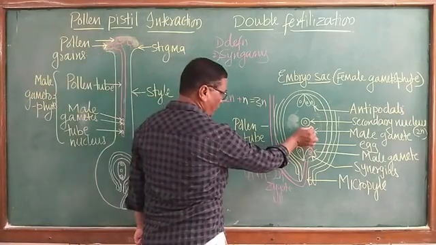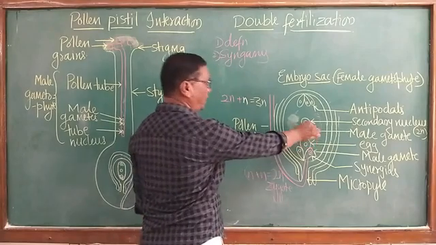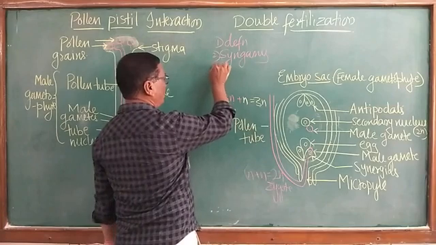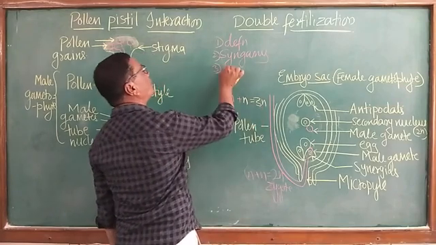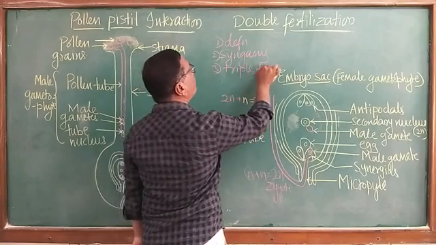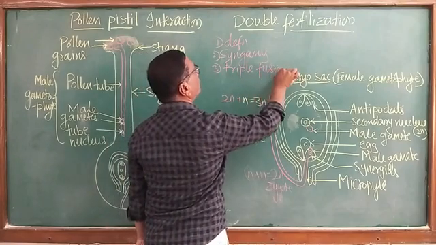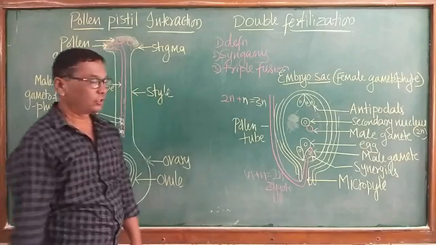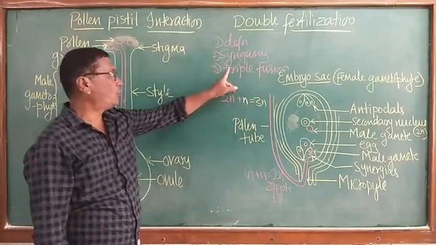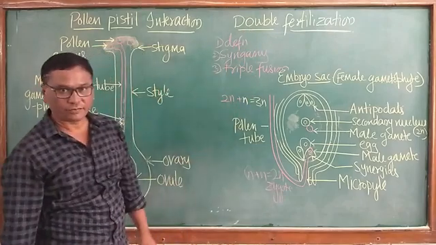The fertilization of the second male gamete with the secondary nucleus to form the triploid primary endosperm nucleus is known as triple fusion. These two form double fertilization.